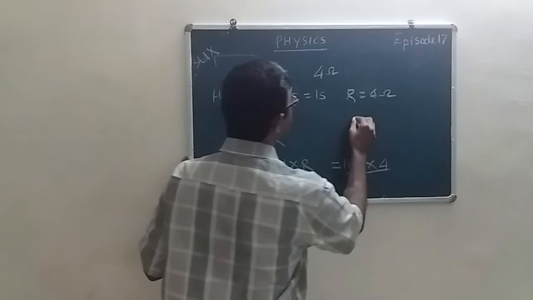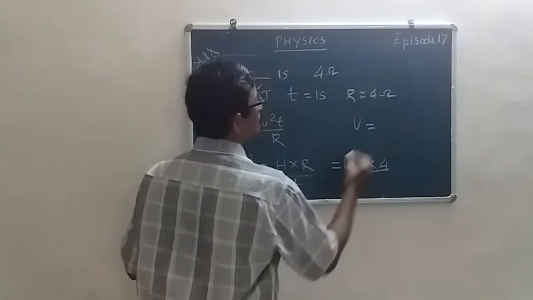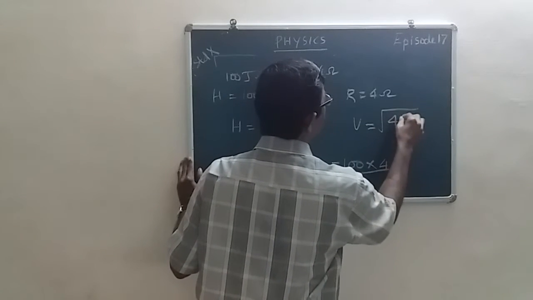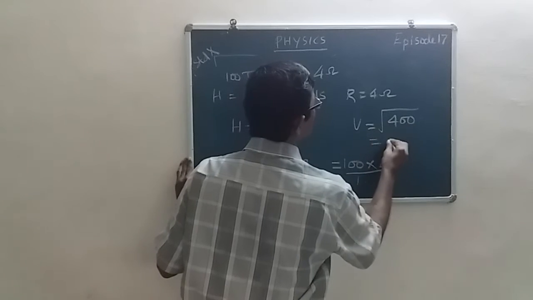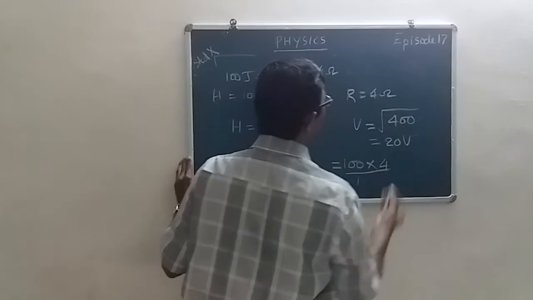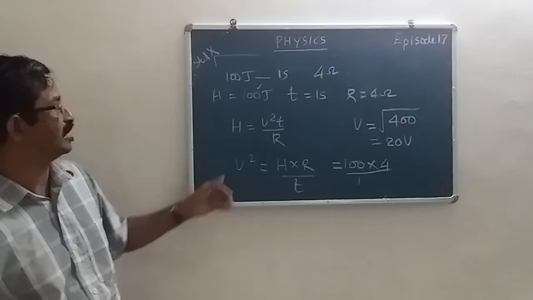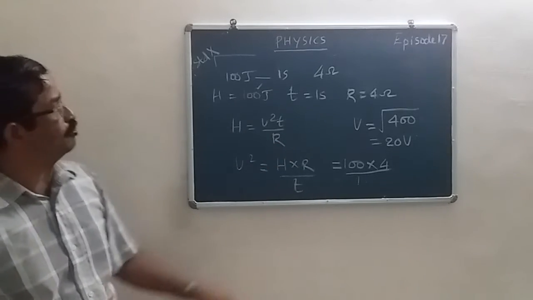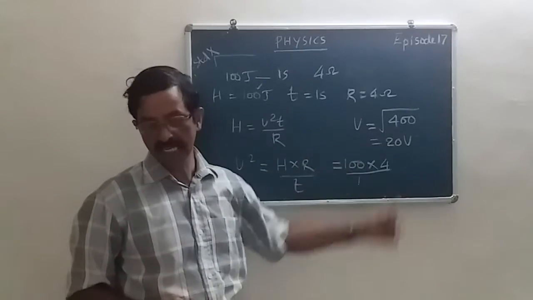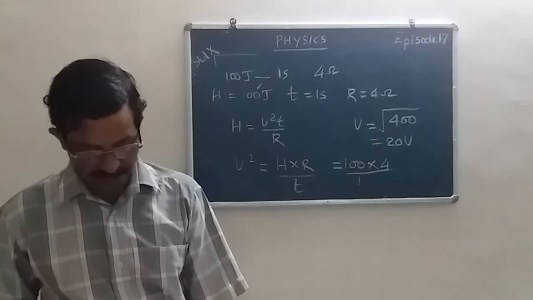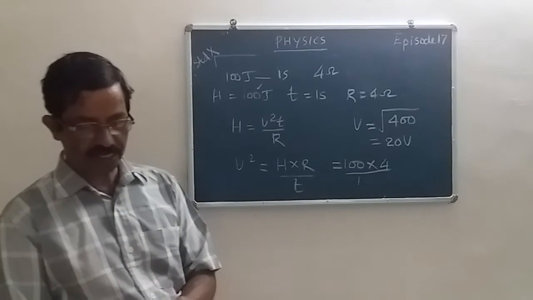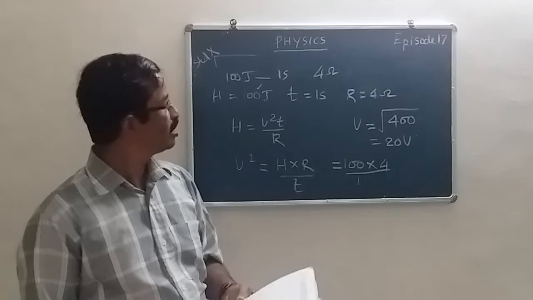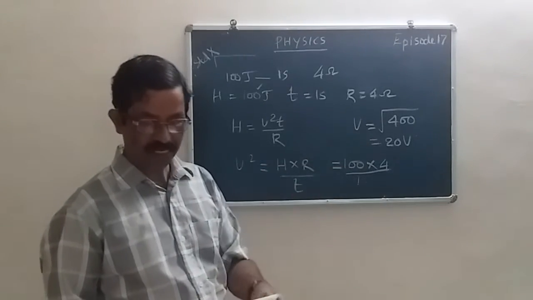From this V is equal to root of 400, that is equal to 20 volt. This is the potential difference. So the value of potential difference is 20 volt.